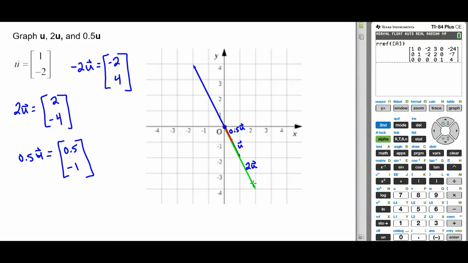It's just going to be twice as long. 0.5u is the same direction as u, but half as long, right? So that's why we call these constants in front of the vectors scalars, because they are literally scaling that vector, making them longer or shorter. Okay, and you can flip the direction, but it's going to be on the same line.